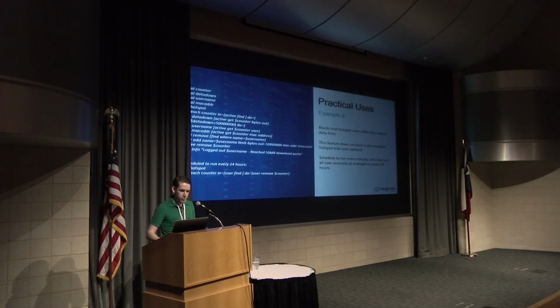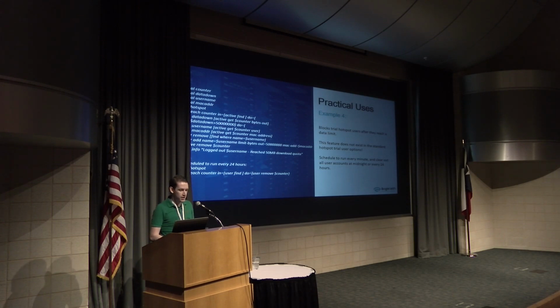Okay, the last practical example. As I mentioned, there is currently no data limit on the hotspot trial users. So if you're creating a very simple hotspot on a MikroTik, you're not using User Manager, and you want to put a data limit on the usage of your trial users, this is a script you would schedule to run, say, every minute, every 2 minutes.